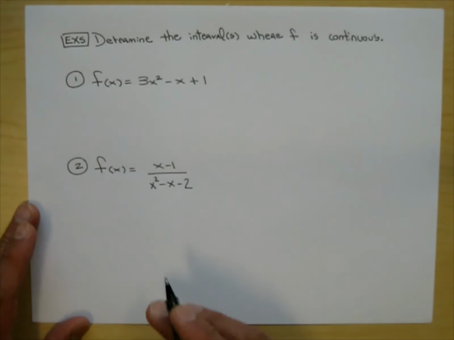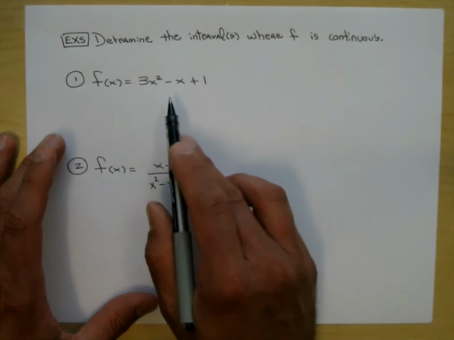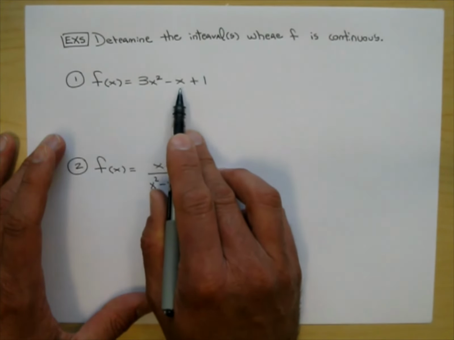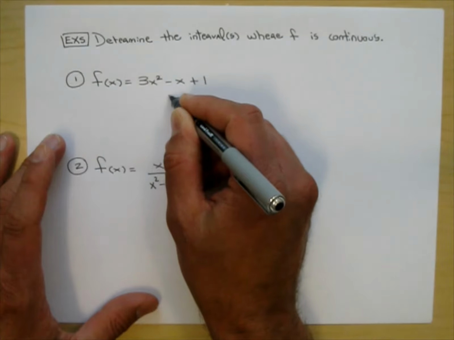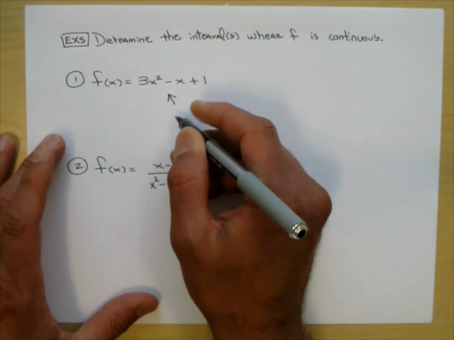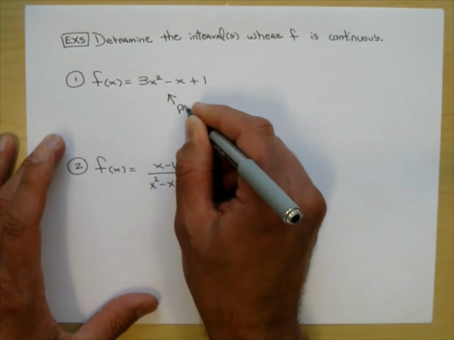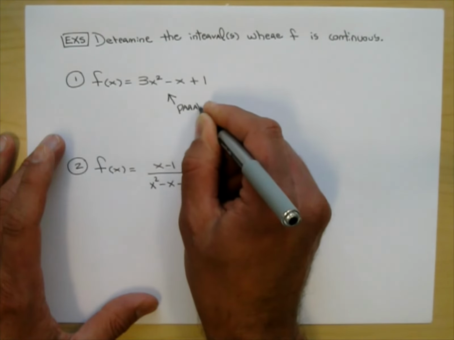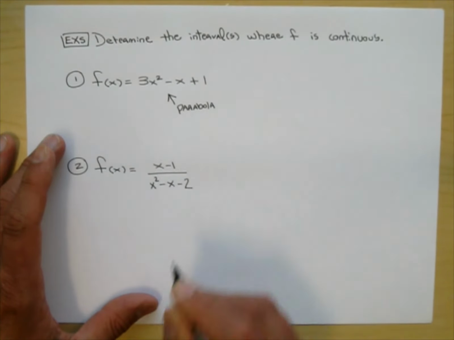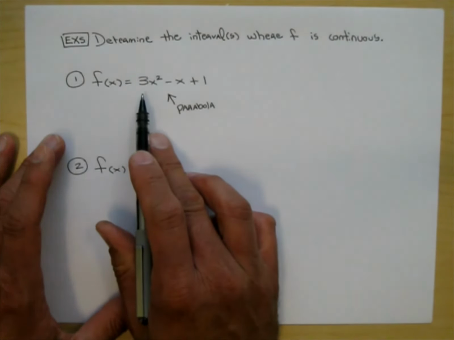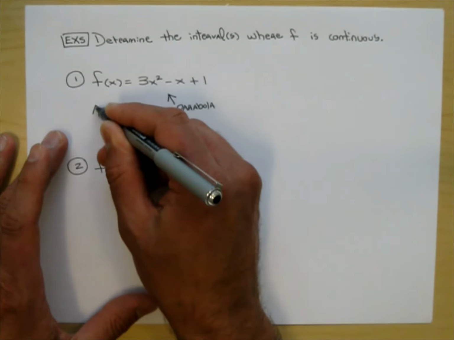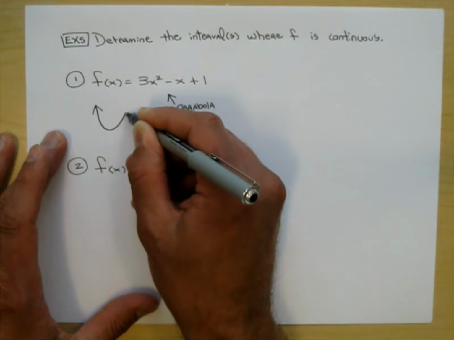Okay, so what do we see here? 3x squared minus x plus 1. This right here is a parabola. And this parabola opens up, and it looks like this. And you're probably thinking, well, Joe, where's the x and y axis?